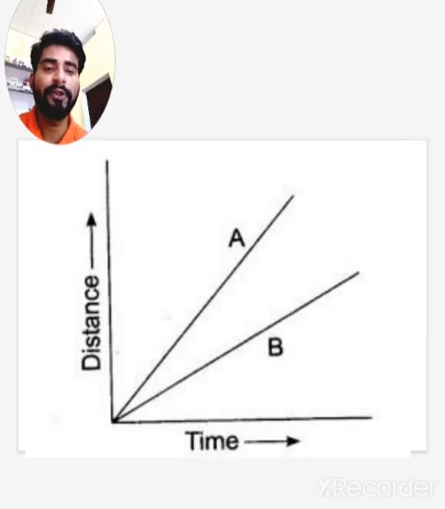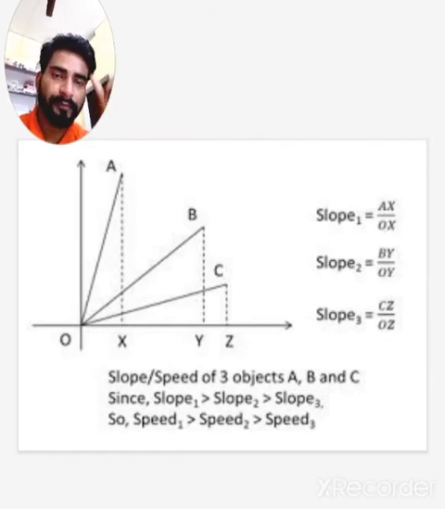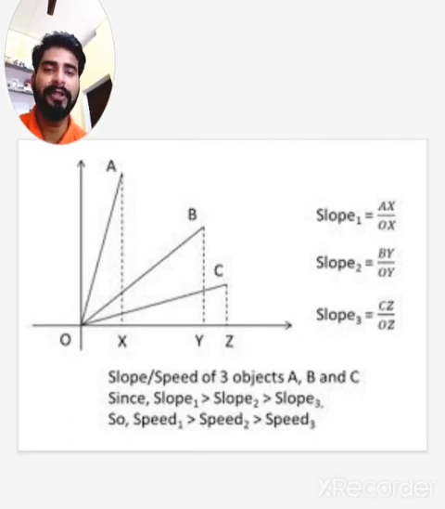How can we get the slope? Slope is the ratio of the distance on the y-axis divided by the distance on the x-axis.